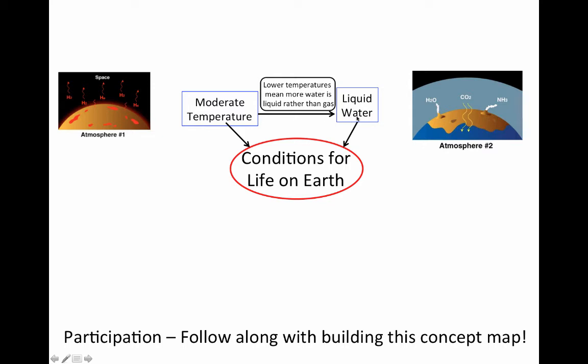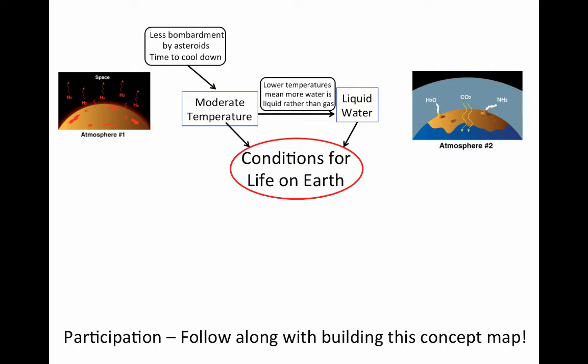But why do we start to get lower temperatures? Well, one thing that we saw in the book is that early on in Earth's history, it was constantly being bombarded by rocks from space. These asteroids were coming and hitting the Earth, causing the temperature to remain high. But also, from its beginnings as a molten ball of rock, it's going to be giving off radiant heat, and it just needs time to cool down.